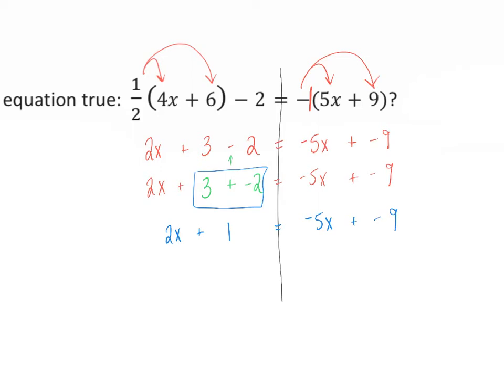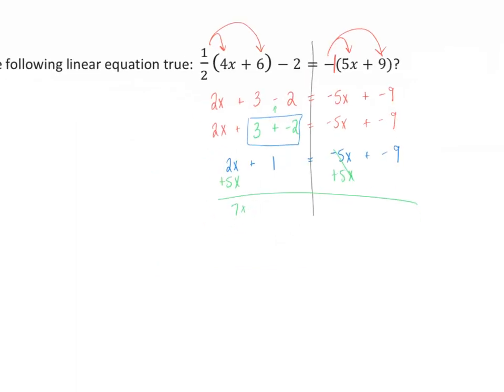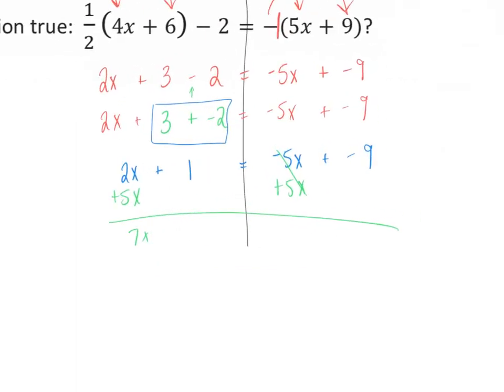Next thing I'm going to do is move my x's to the same side, my numbers to the same side. I'm going to move my 5x's over here. And just to save space, I'm going to just do my same step right there. I'm going to move this 1 over here. Negative 9 and a negative 1 is a negative 10.